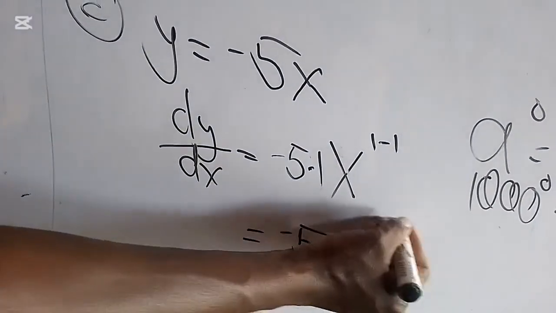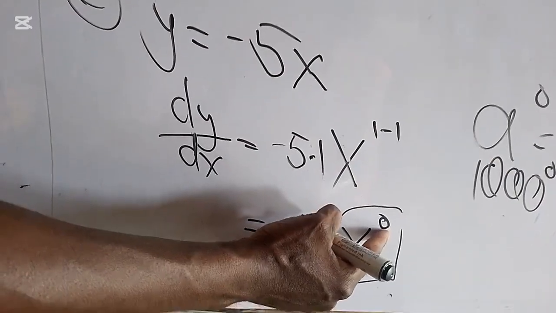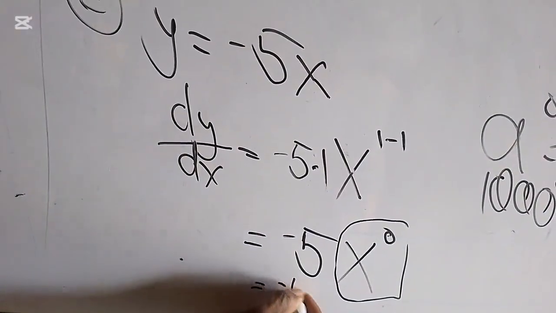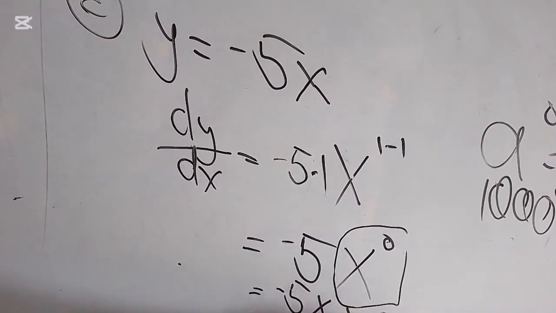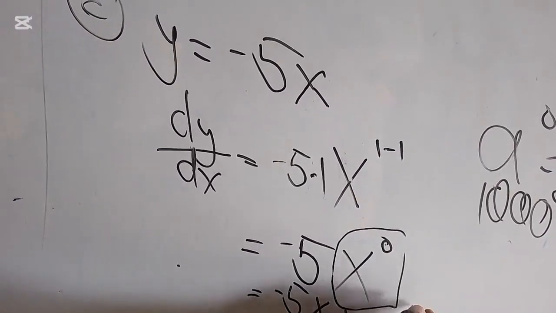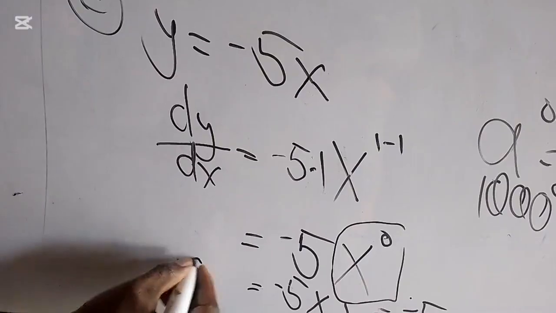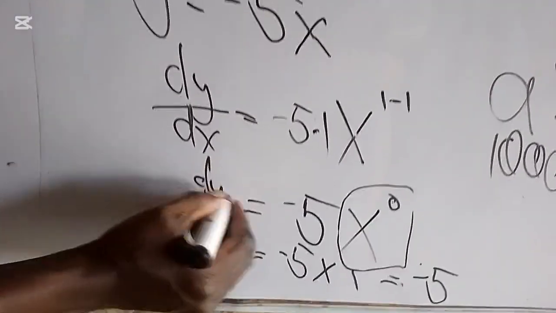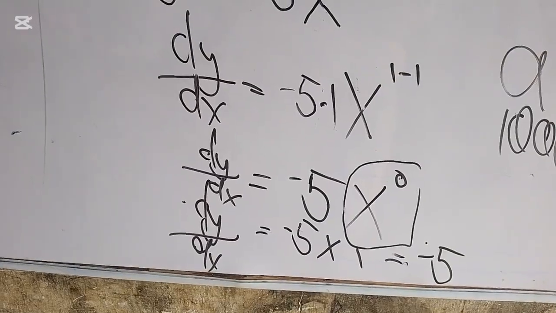So the whole of x exponent 0 is the same as 1. So we have negative 5 multiplied by 1. You know that negative 5 multiplied by 1, our final answer will be negative 5. So our dy dx is negative 5. I believe you've gotten it.